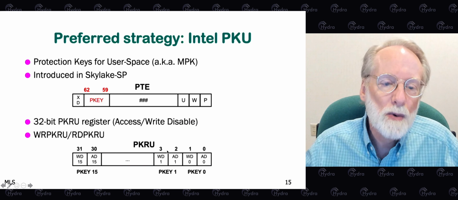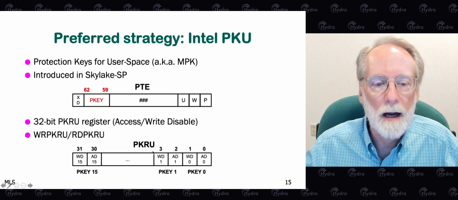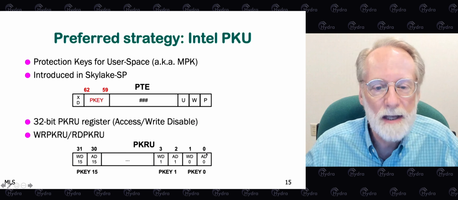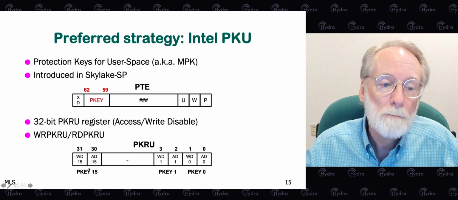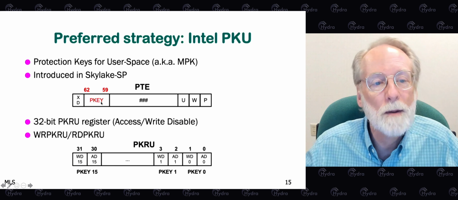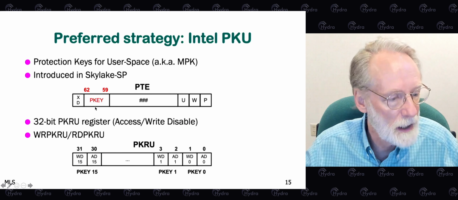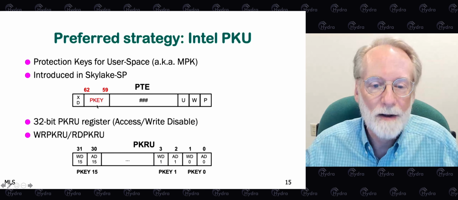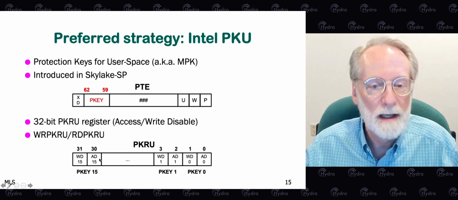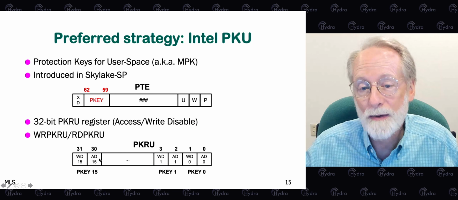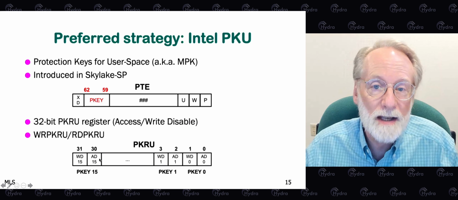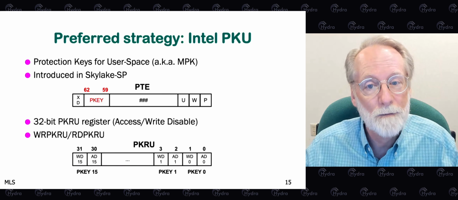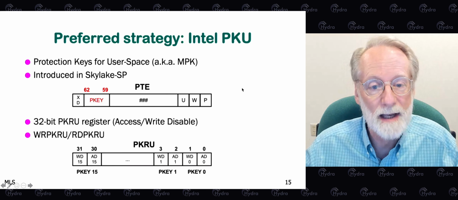And then there's a new register available called the PKRU, Protection Key Register for User Space, that's 32 bits long, providing 2 bits for each of the possible values of the protection key. So for each possible key value, there's a pair of bits in the PKRU that tells you whether write access or read access or both should be eliminated for this page for data accesses.